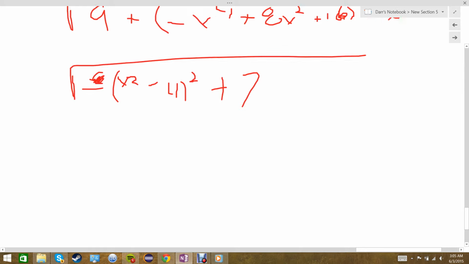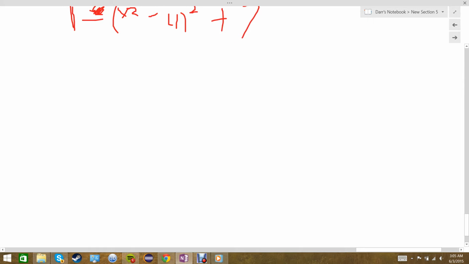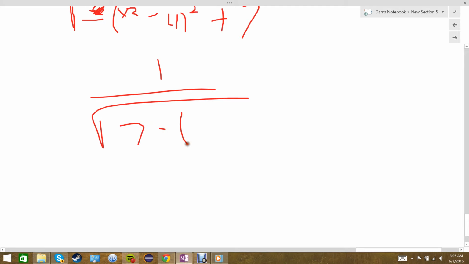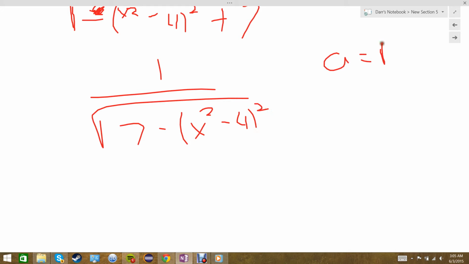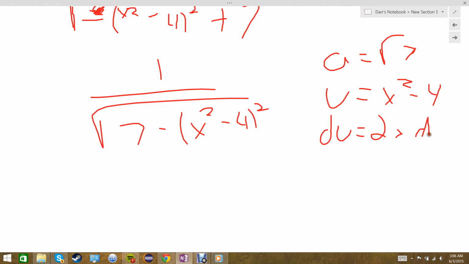So what you get is 1 over radical 7 minus (x squared minus 4) squared, and that a equals radical 7 and u equals x squared minus 4, du equals 2x dx. Sorry, this is x, not that. So all you have to do is divide by 2. You get 1/2 on the outside.